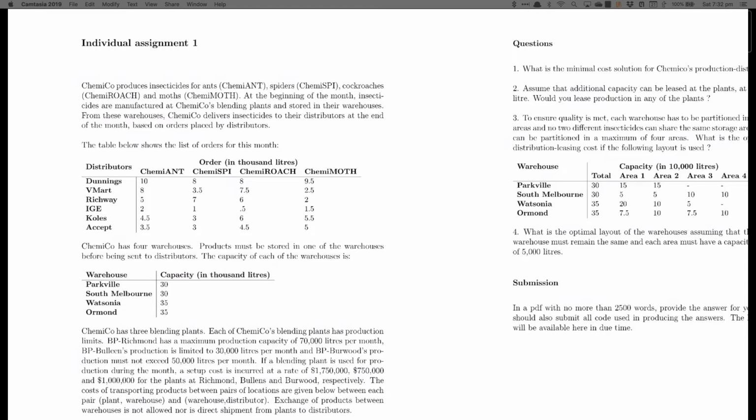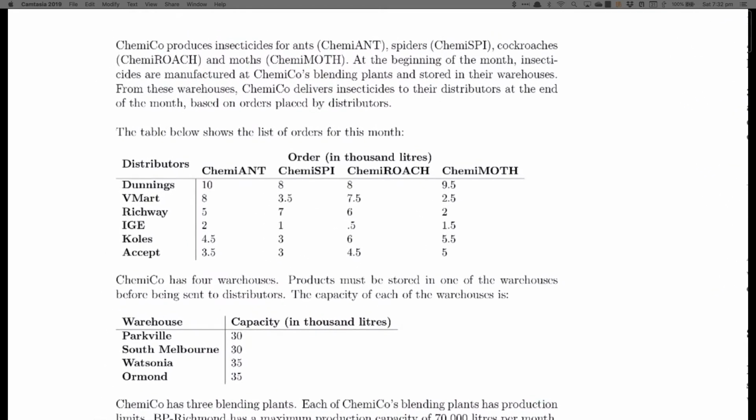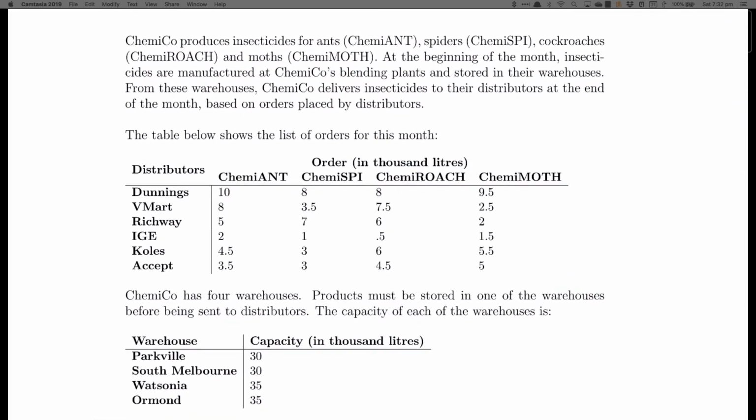So we are assuming that Chemical is a company that produces insecticides, and they have some distributors that have demands for these insecticides. So for example, VMART wants 8,000 liters of Chemi-Ant, the insecticide for ants, and so on.